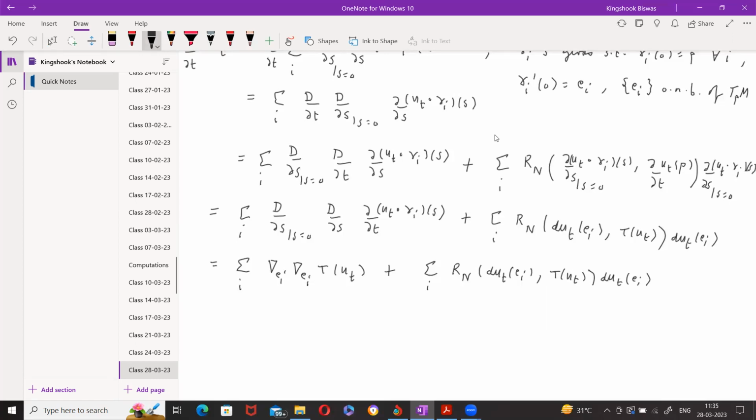So they are an orthonormal frame field near p, such that I can assume each geodesic gamma_i is an integral curve of e_i.